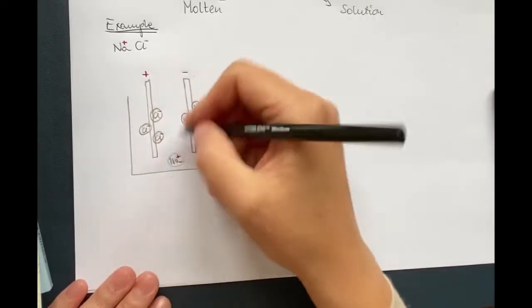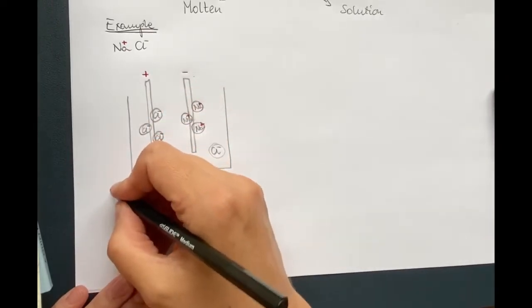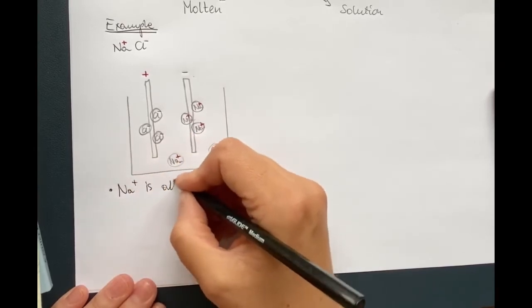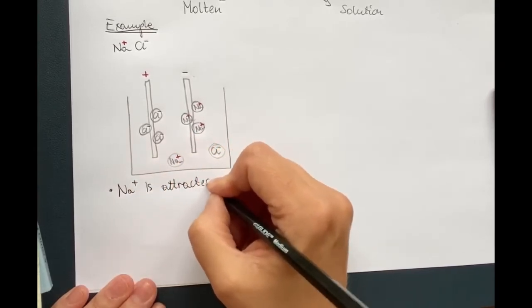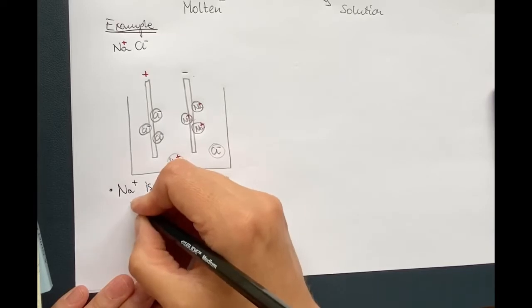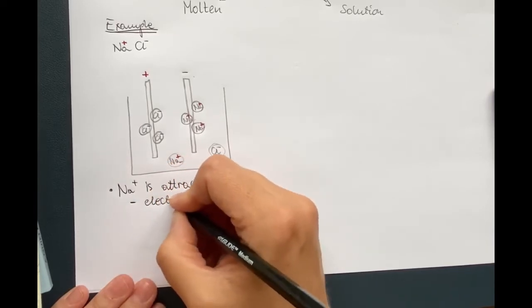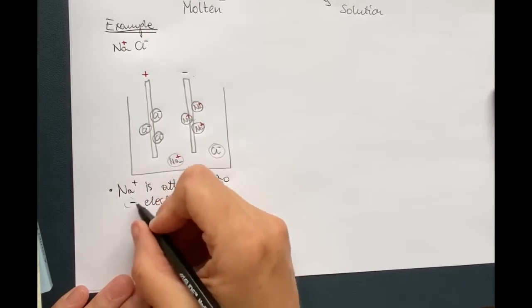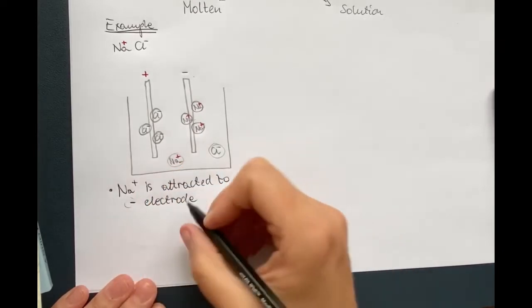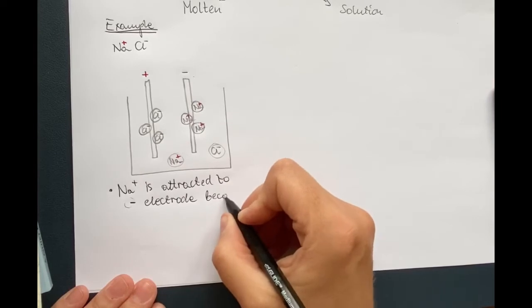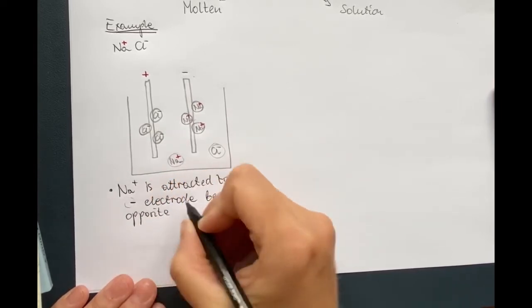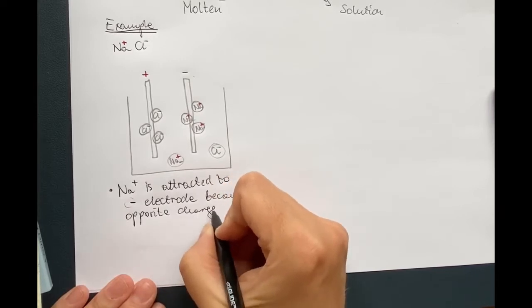So let's write this up. Na+ is attracted to the negative electrode. In your notes you will have to write negative electrode, because opposite charges attract.